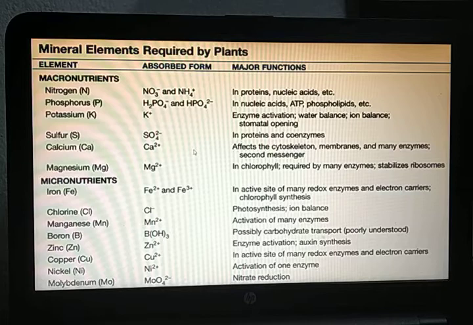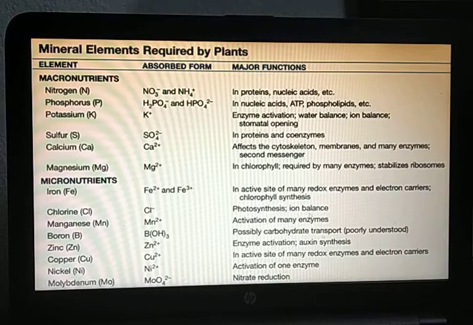Sulfur is very important for protein content and coenzymes. Calcium affects the cytoskeleton, membranes and many enzymes, and acts as a second messenger. Magnesium is in chlorophyll, is required by many enzymes, and stabilizes ribosomes. Iron is essential in the active site of many redox enzymes and electron carriers, and in chlorophyll synthesis.